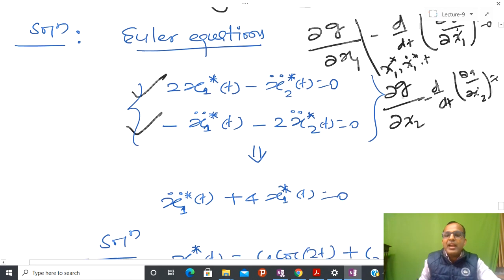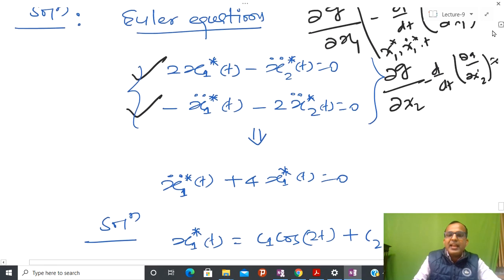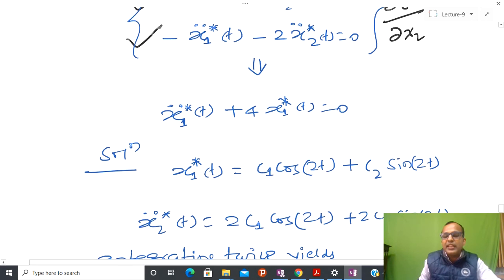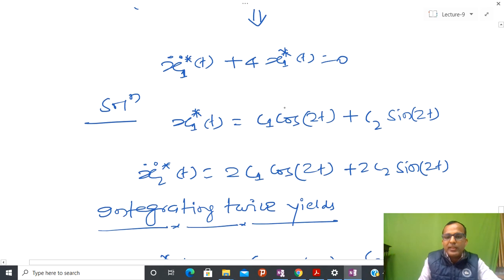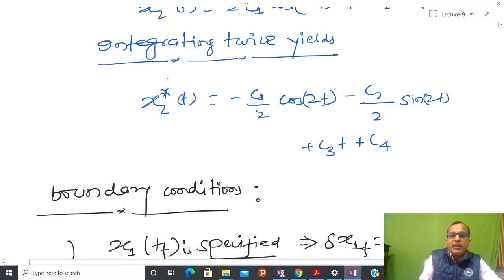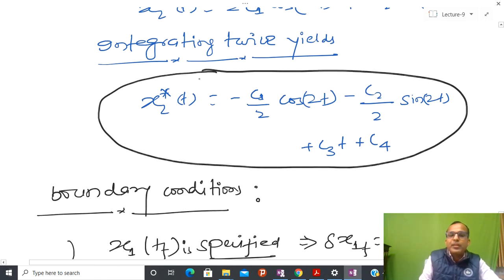And this is a second order equation, again a linear time invariant equation, and using any standard technique you are able to solve it, and after that you will get this kind of thing, one curve in terms of time and x2, another in terms of x1.